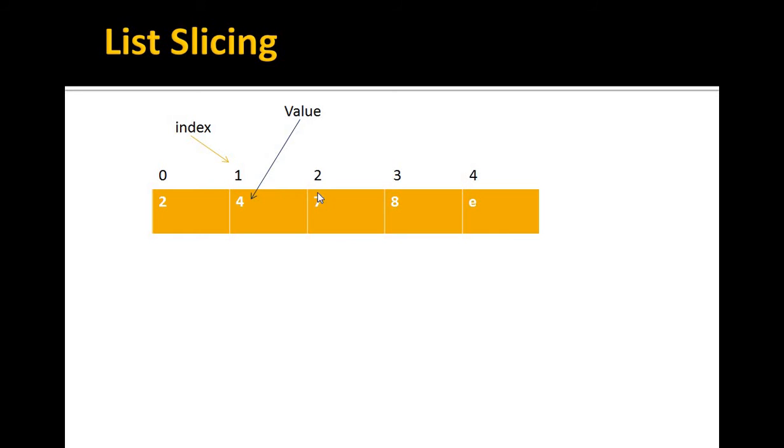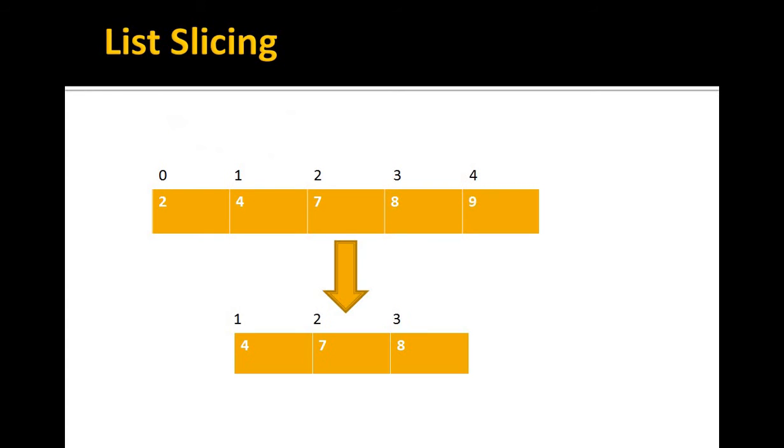For example, if you want to access 7, we just need to write the list name, square bracket, 2 inside the square bracket. 2 is the position of 7. So this way we can access any value of the list.